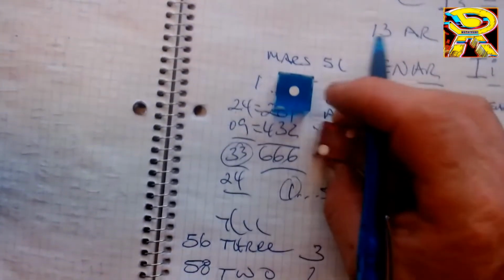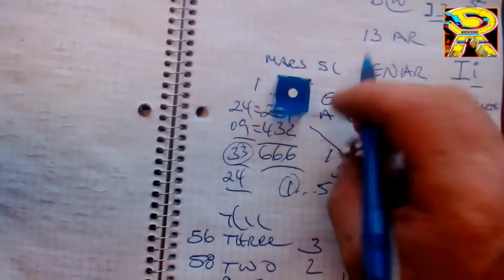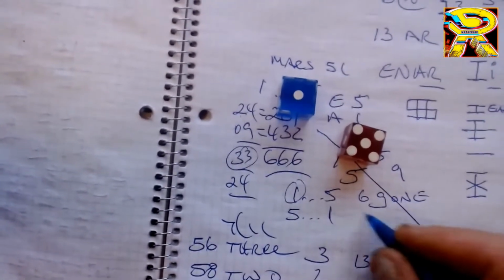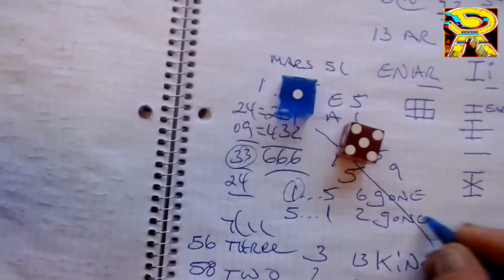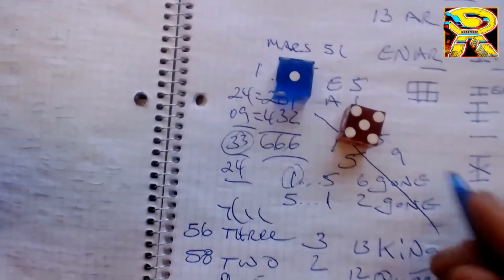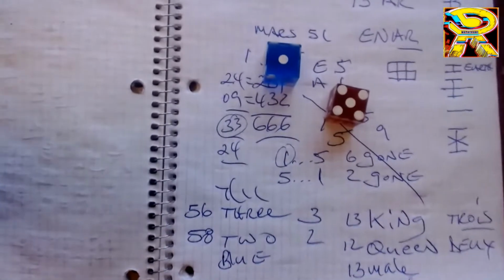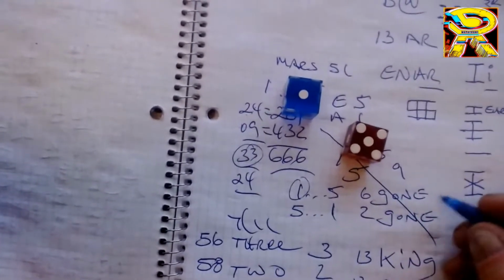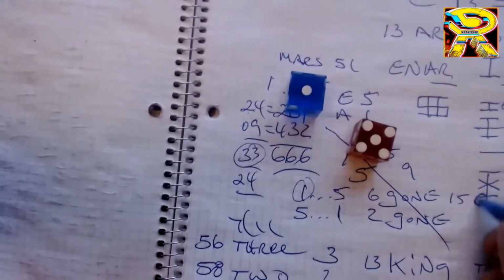When the 5 is up through 1, the 2 is gone. Now that is the queen. The 6 and 2 make the dog, the queen. Gone. The other thing is it equals a total of 15 or O.